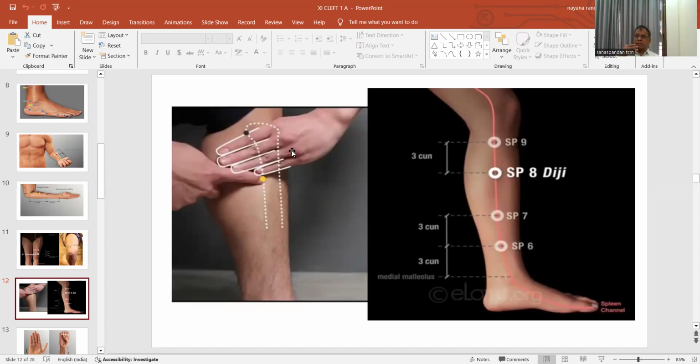When there is stasis of blood in the uterus, there will be abdominal masses in the woman.